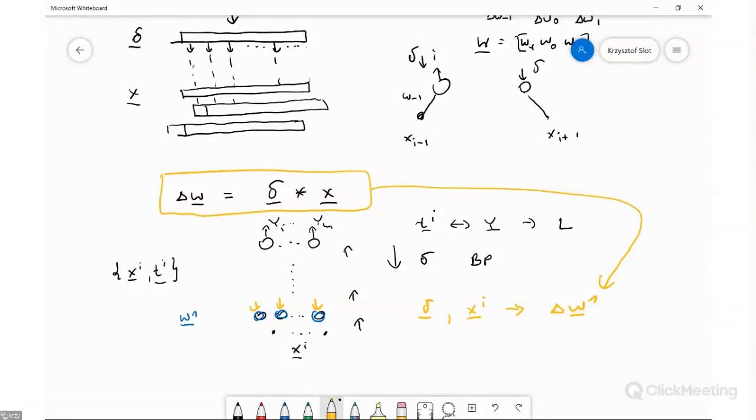And since all these neurons are the same, the update is computed in a little bit different way. This is not a delta rule, but this is something that involves this convolution, because I have a distributed influence of a weight that I'm correcting.